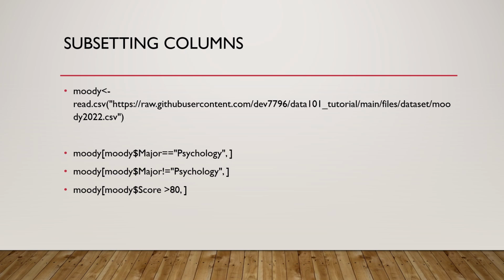Also, we can subset based on a numerical attribute. In this particular case, it's a subset of the score attribute, right? And next, we proceed with a combination of two attributes.